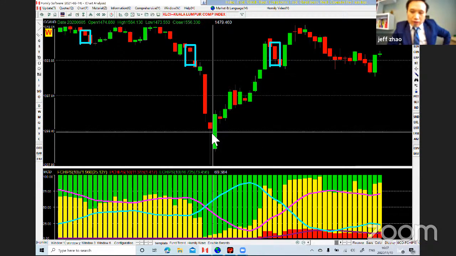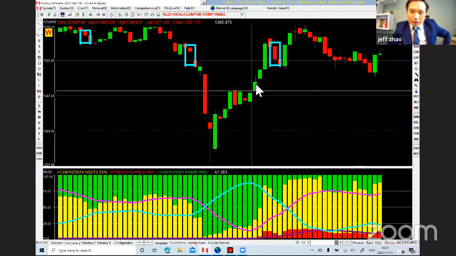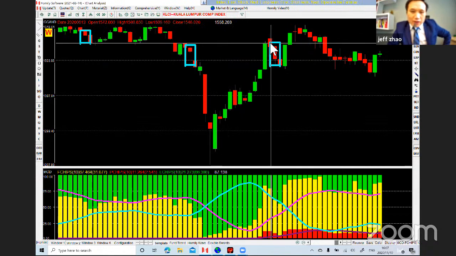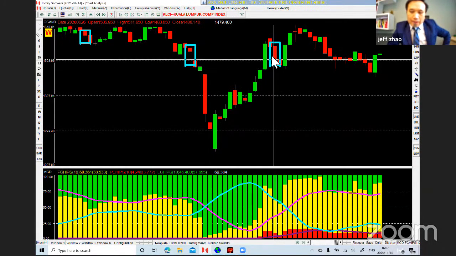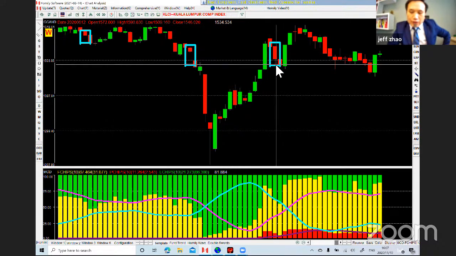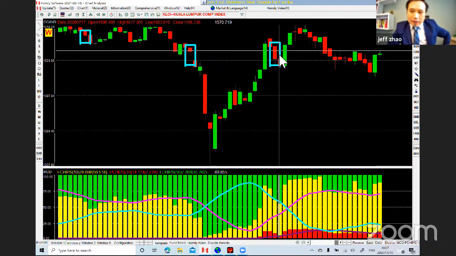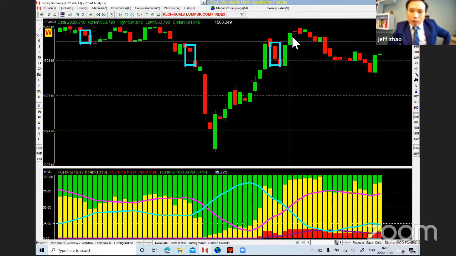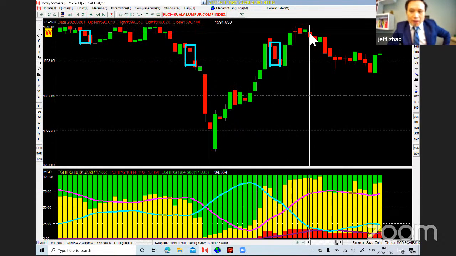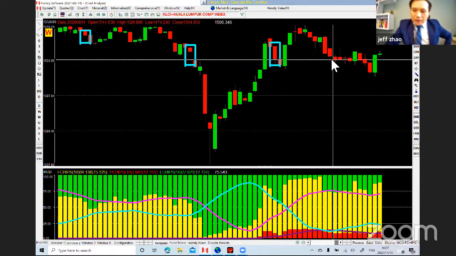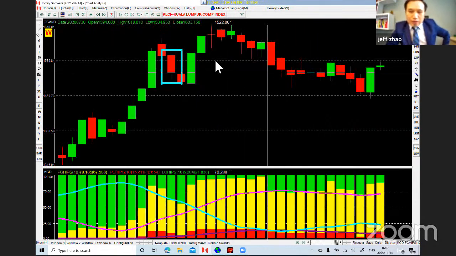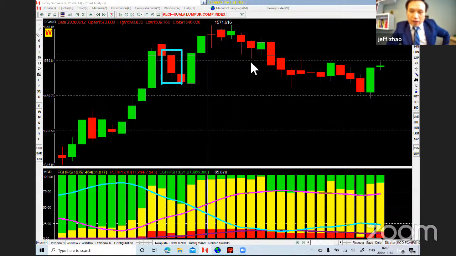Before this, no three-in candles appeared together until June 12th, and here three-in candles appear. Later you can see it goes up for 3 weeks, and then this is the downtrend.